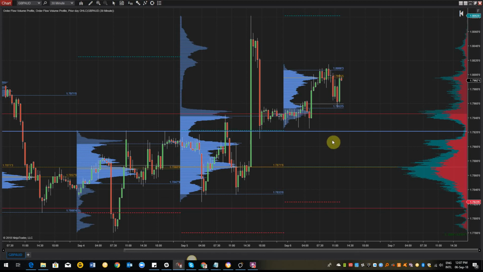If it slices straight through, I'll just exit the trade manually. If it comes down here and gives me another strong reversal signal, then I'll simply adjust, and I'll move the stop up underneath that reversal signal. Then that will be that. But at the moment, I just have an emergency stop under this area down here.